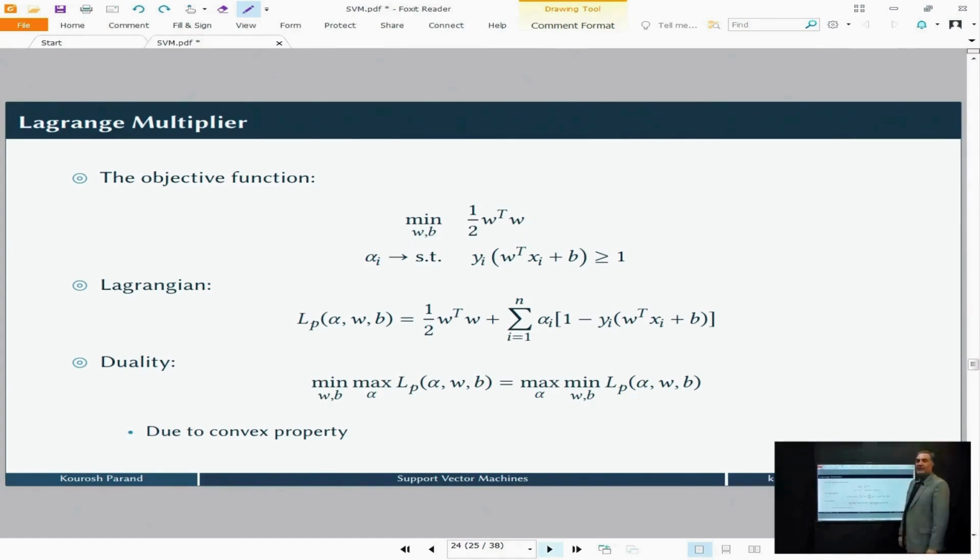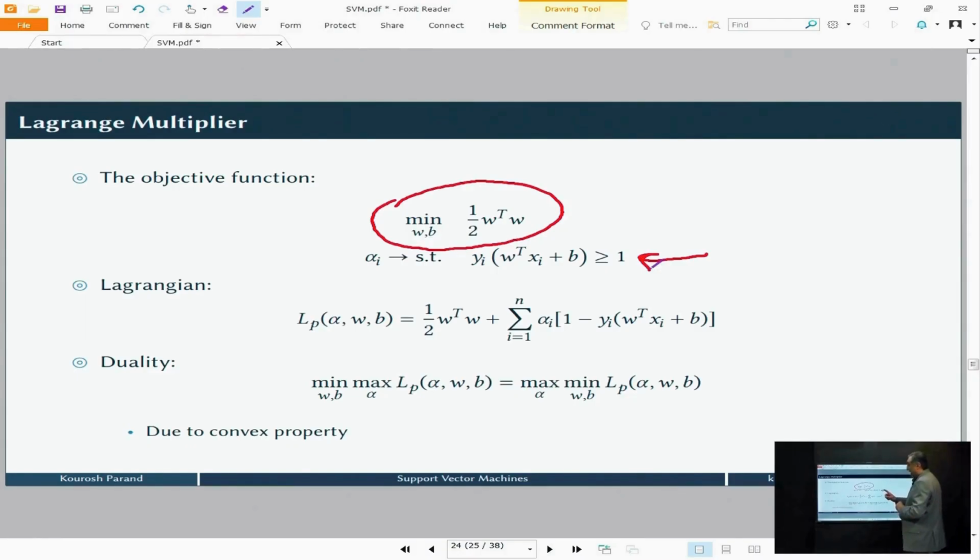Minimize 1/2 w transpose w, or 1/2 the norm of w squared. The constraints: how is it set up? y_i times (w transpose x_i plus b) is greater than or equal to 1. So this was our objective function, and our constraints are as follows.